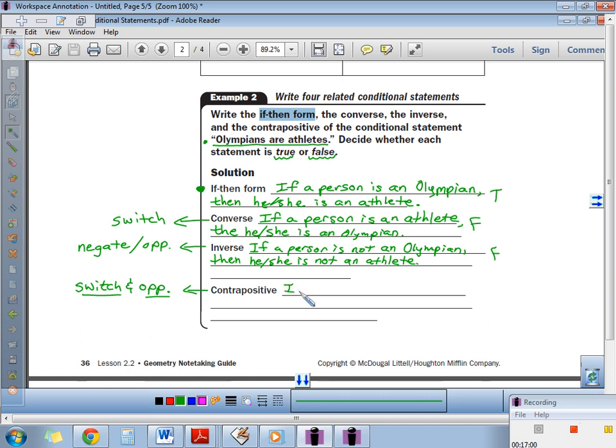So if a person is not a what? Switching, remember, athlete goes first, an athlete. Then what? He or she is not an Olympian.